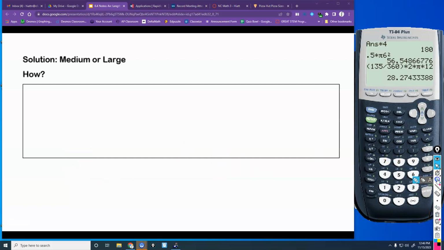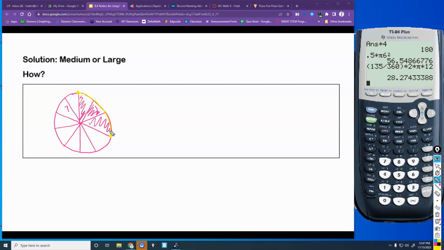So let's draw out what we would have. We got our large pizza. It is split into 10 pieces. It had a radius of 7. We are getting 3 pieces, but we only care about the crust here.